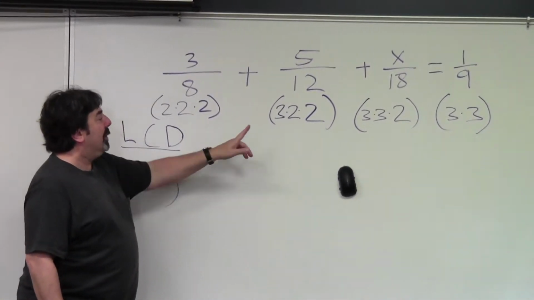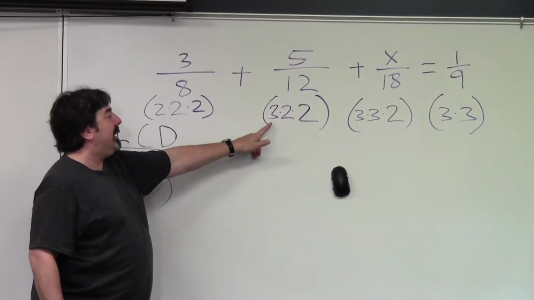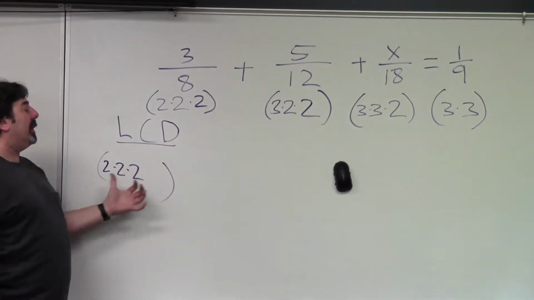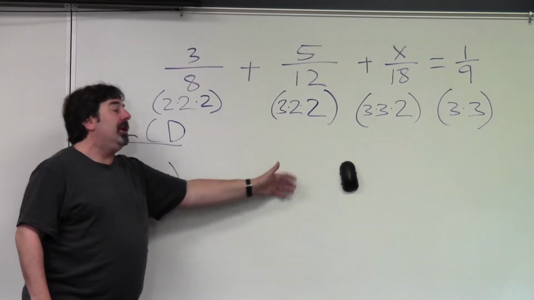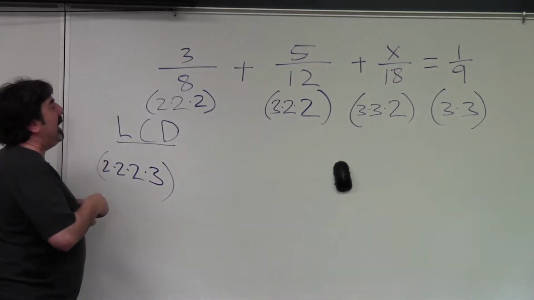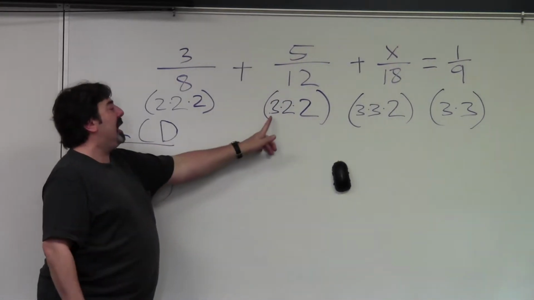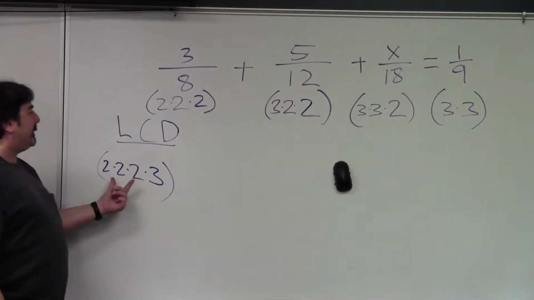But now we see we have at least 1 3 in this denominator. We look at the holding pen, there are no 3's. So in order to cover the 1 3 here, we have to add a single 3 to our holding pen. Now 12 is covered. We have 1 3, that's covered, and at least 2 2's, so that's covered.